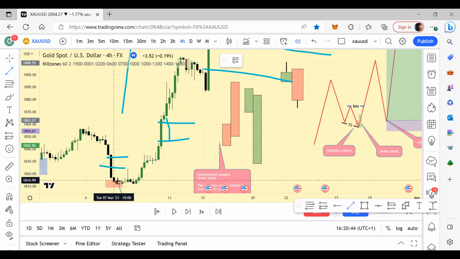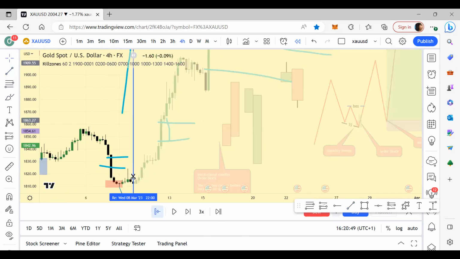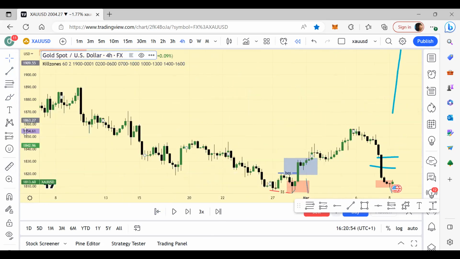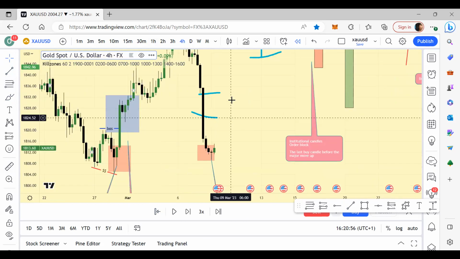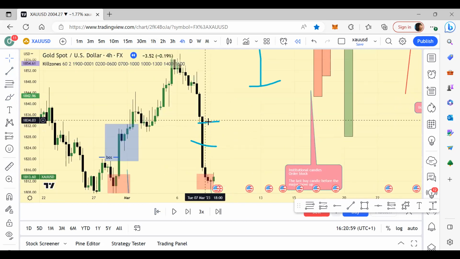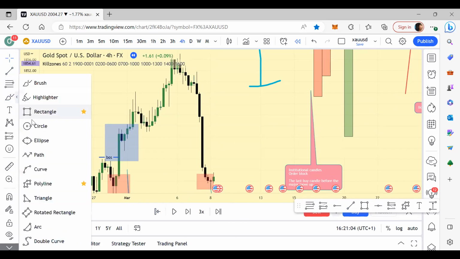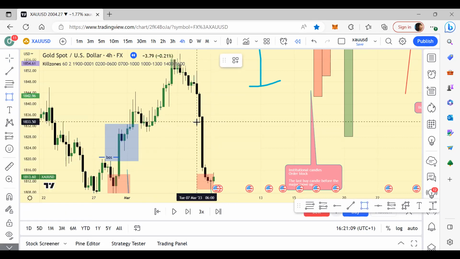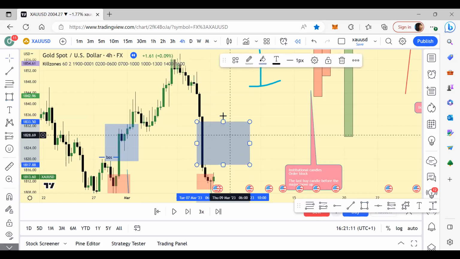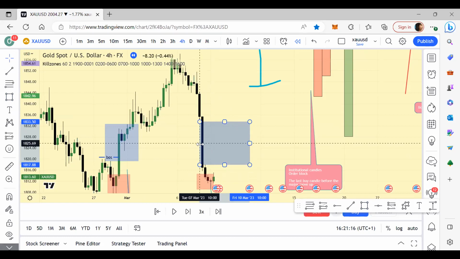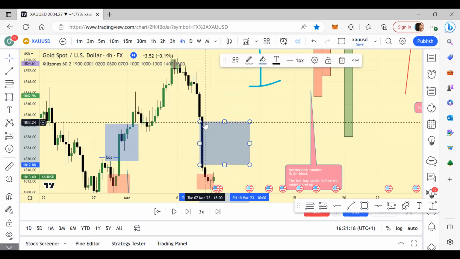What I'm saying is, let me just cut this so that it'll make it clearer. When you look at this chart right now, you can see this big gappy area. Between here and here, there's no wick, there's no body. It's just this long candle here.